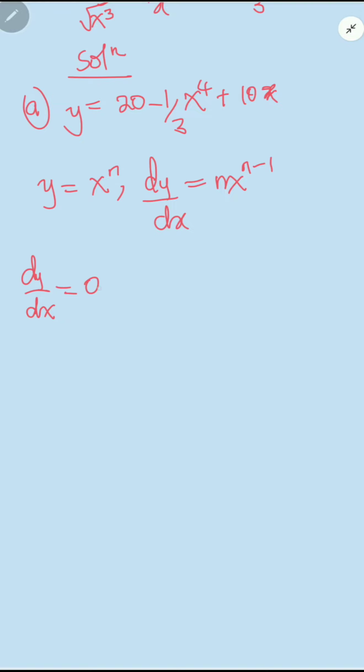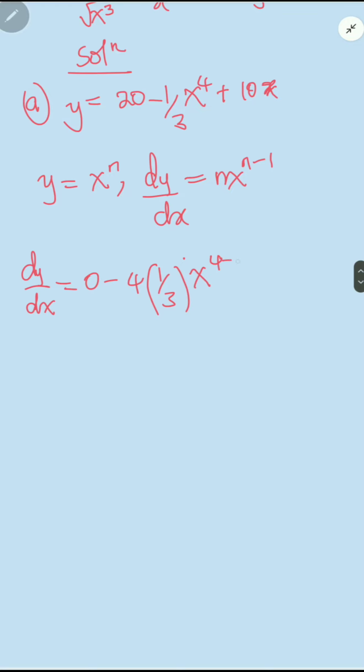Differentiating 20 we get a 0 minus, so here the 4 will come and multiply with the 1 over 3. So I have 4 multiplied by 1 over 3, then x to the power 4 minus 1 according to this method here. Then plus, now this x is raised to the power 1, so it will be 1 multiplied with 10, then x to the power 1 minus 1.